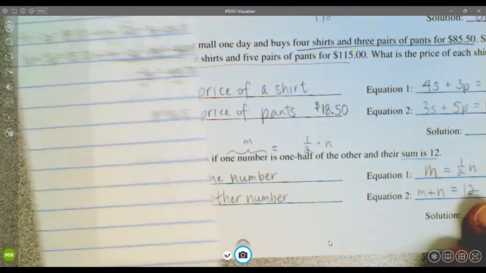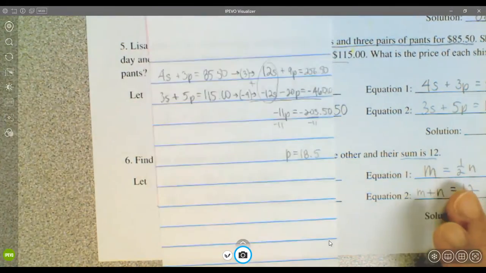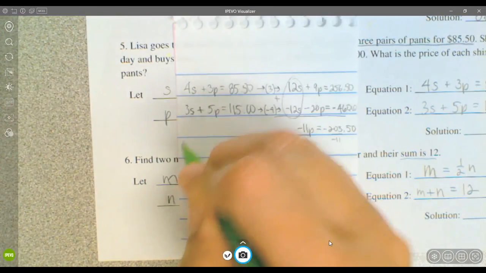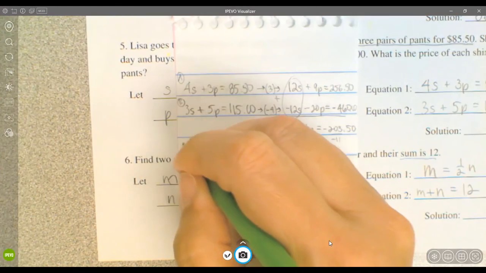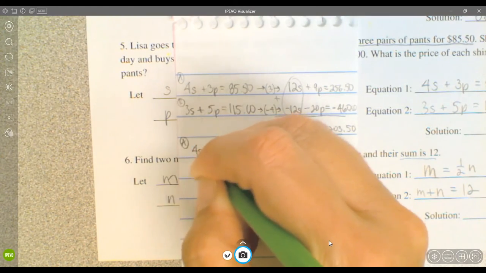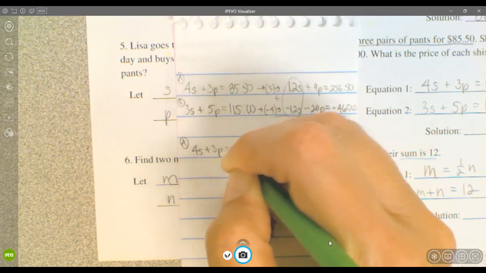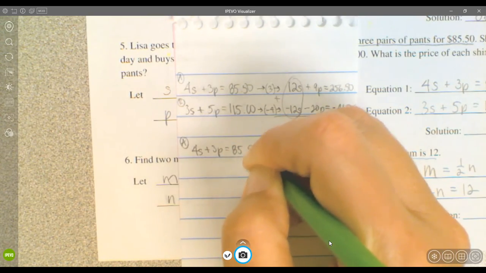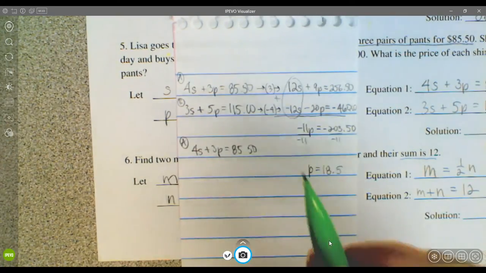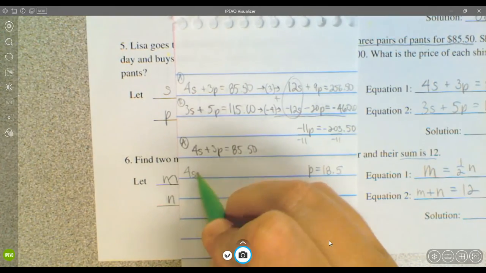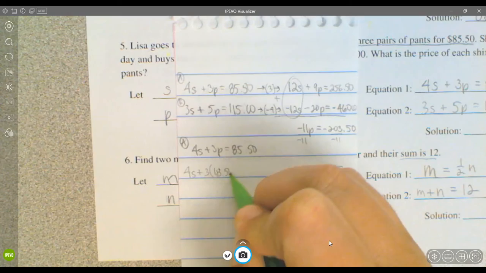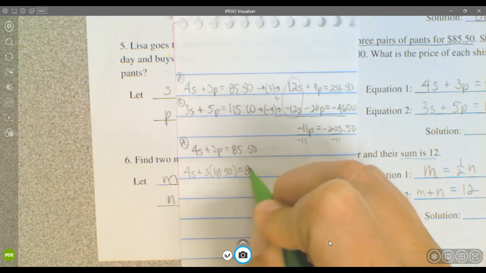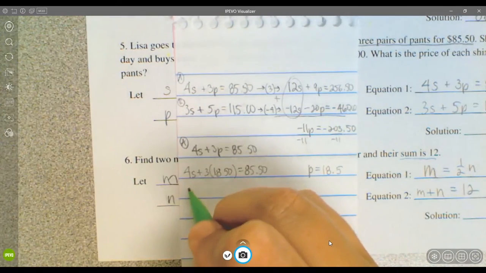Now we need to find the price of a shirt. So which one do we want to substitute into? I would substitute into equation A because the numbers are smaller. So if 4S plus 3P equals 85.50, 4S plus 3 times 18.50 equals 85.50.